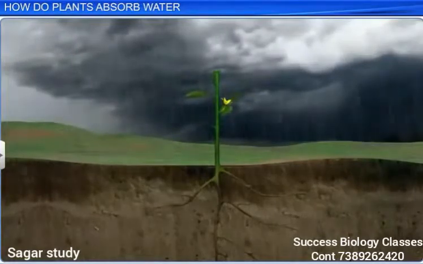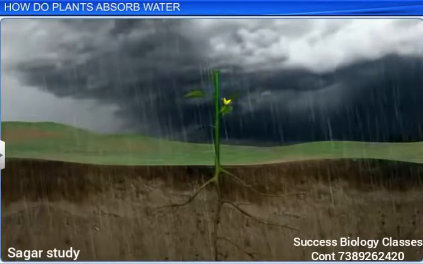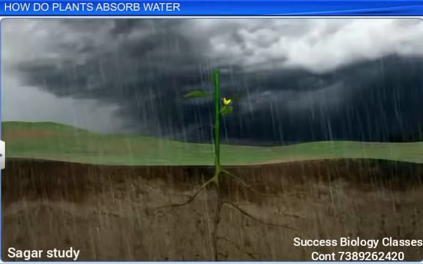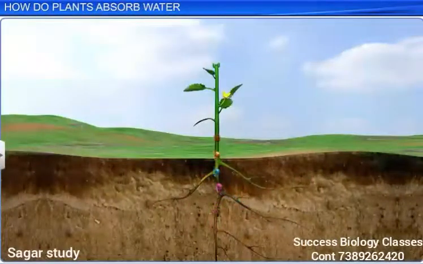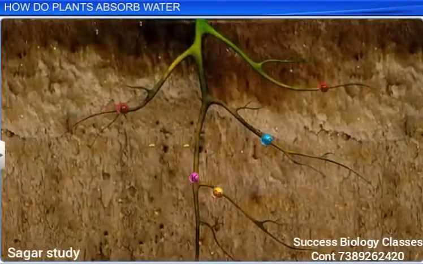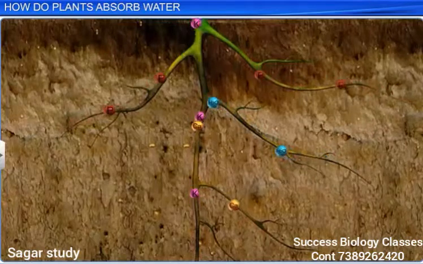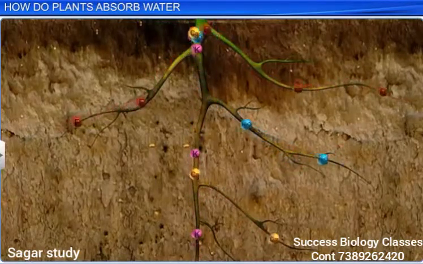When there is a heavy downpour of rain, or when we water our plants in the garden, it is the roots that absorb water for the plant. More specifically, the millions of root hairs present on the root tips absorb both water and minerals from the soil.